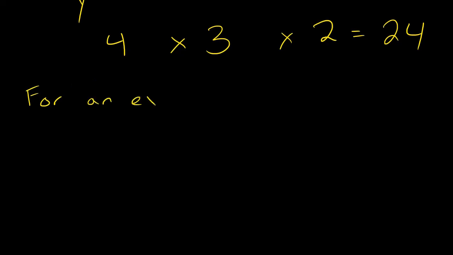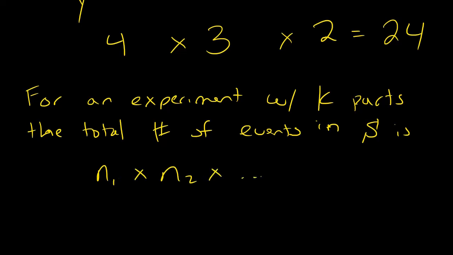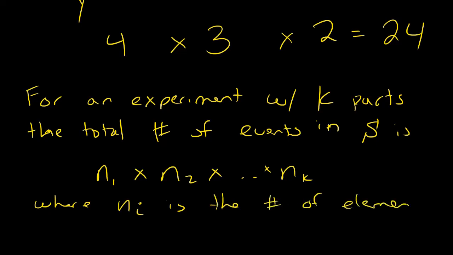So for an experiment with k parts, the total number of events in the sample space is n1 times n2 times all the way to nk, where n sub i is the number of elements, right?